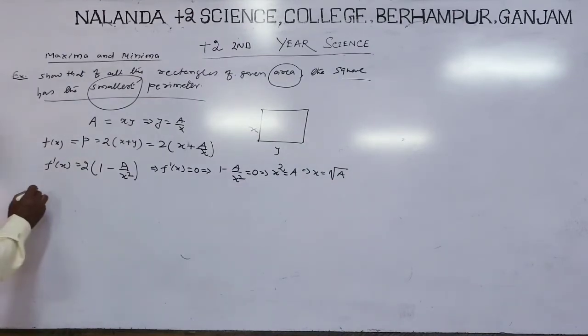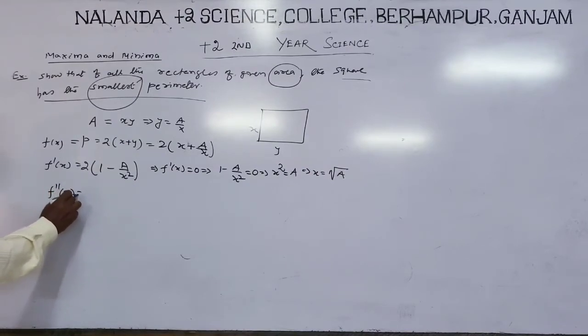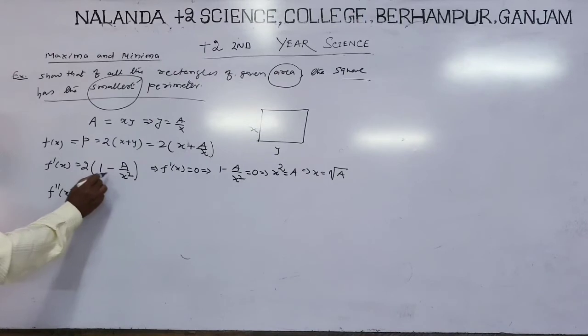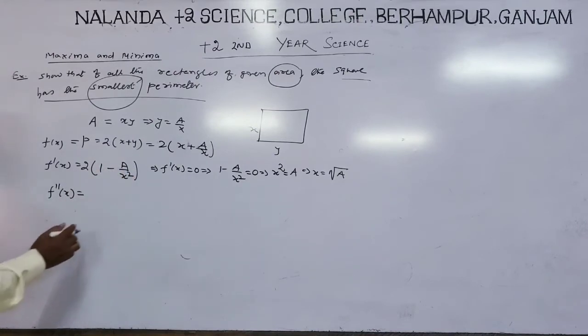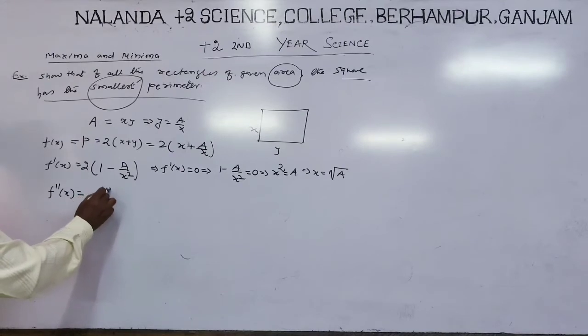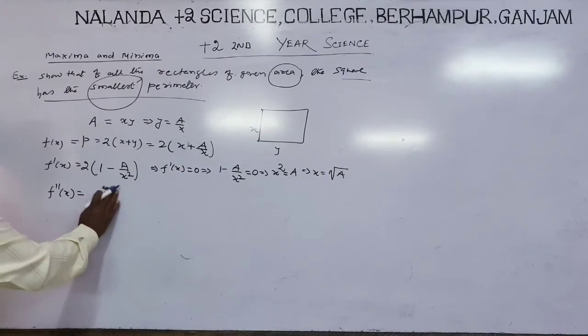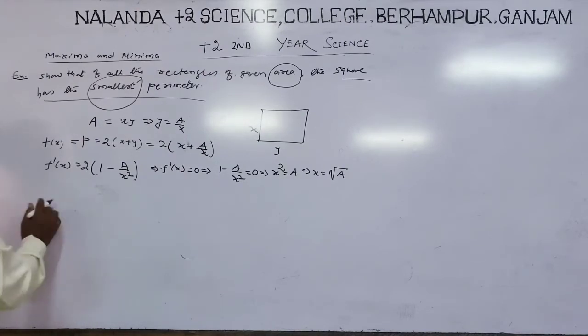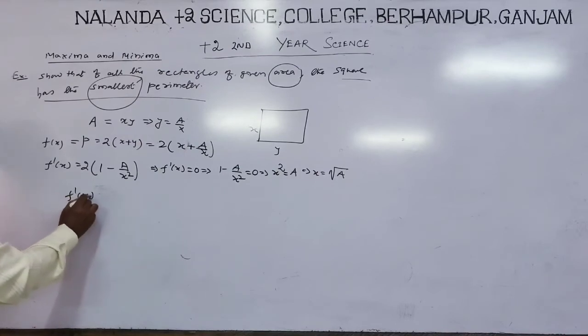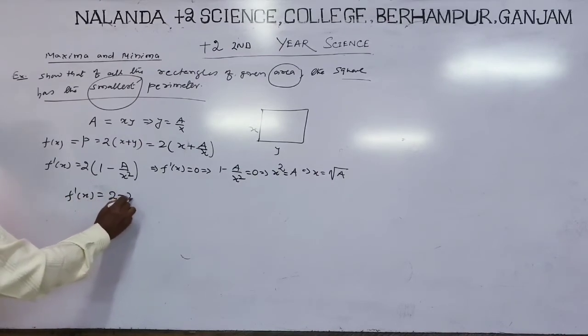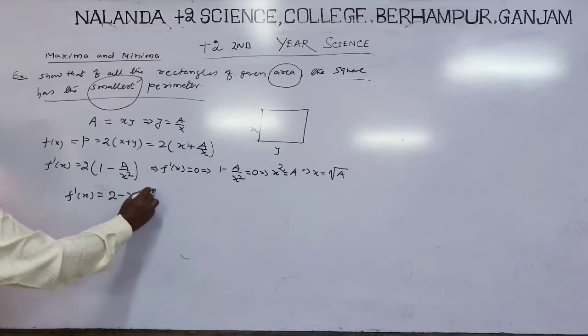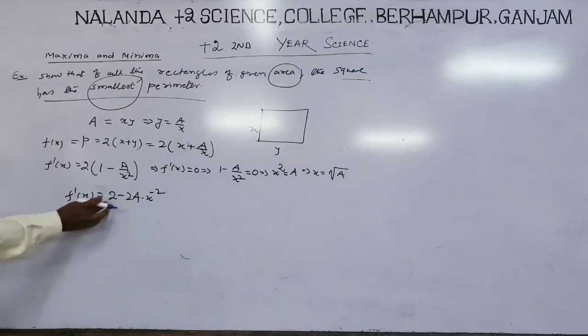Find out. f dash x equals 2 minus 2a into x to the power minus 2. Okay, so the derivative of the constant is 0.